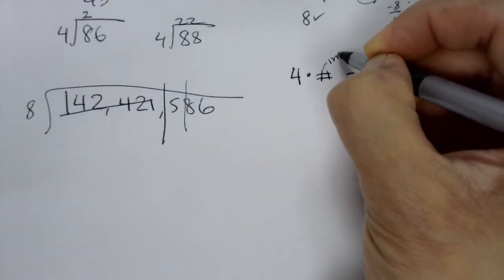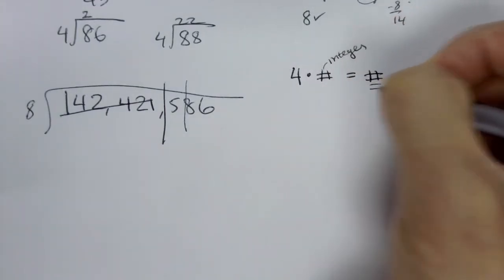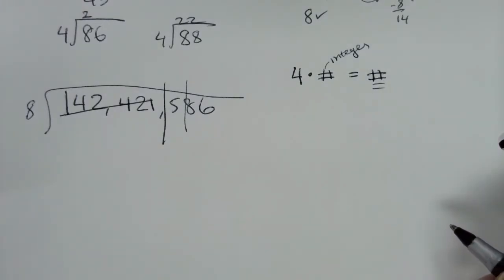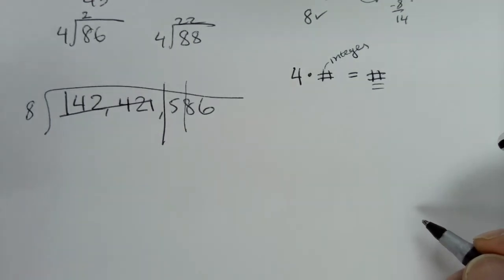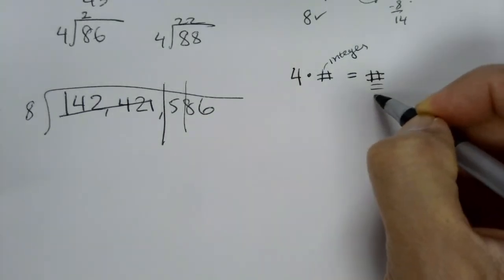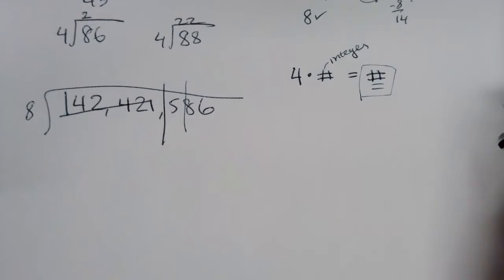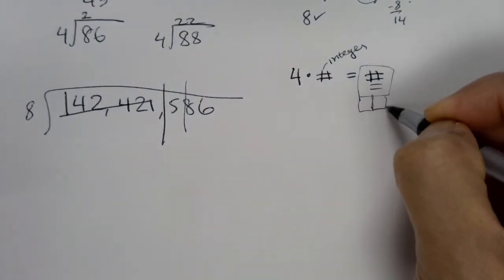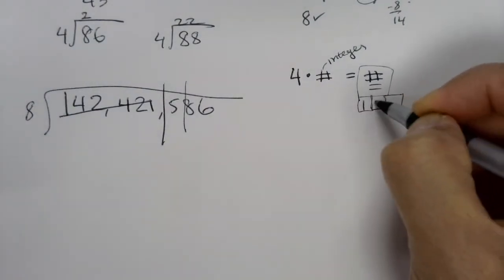And this is only helpful, looking at the last 2 digits, if my number is 3 digits or more. Well, that means I have at least 100.